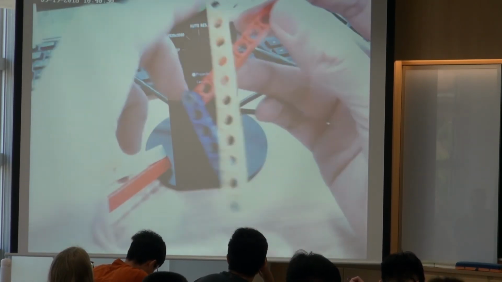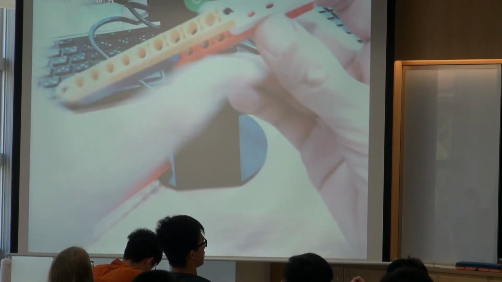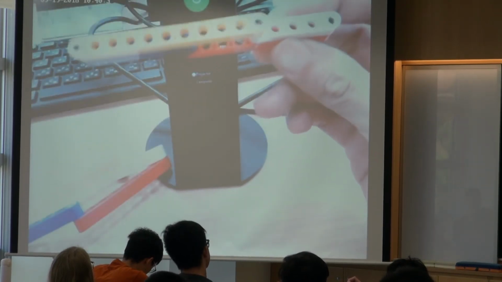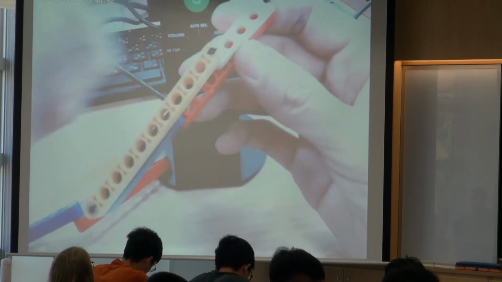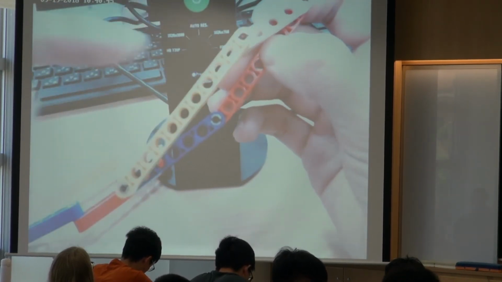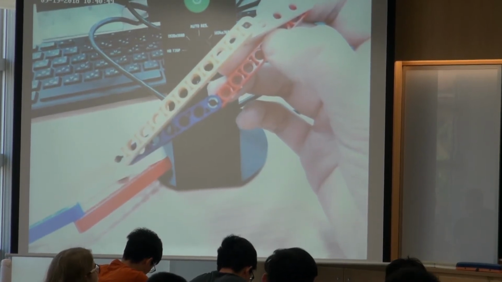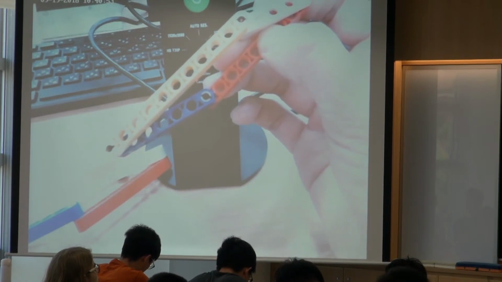So for this Grashof neutral mechanism, once you reach this point, the mechanism becomes a flat line, and then you further drive this mechanism, there are two possible solutions. But this is not good. It makes the mechanism unpredictable.